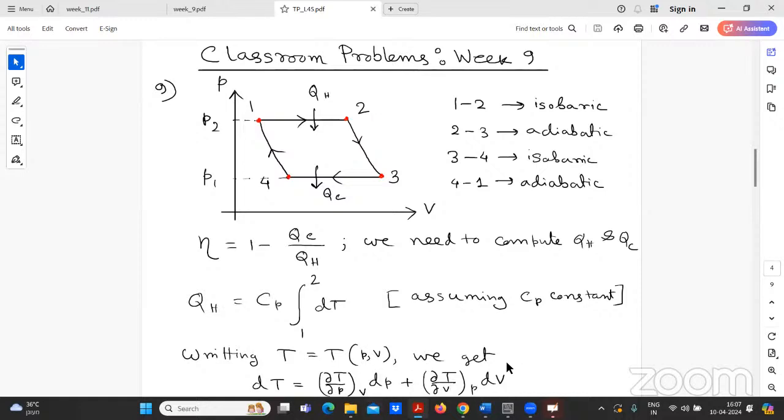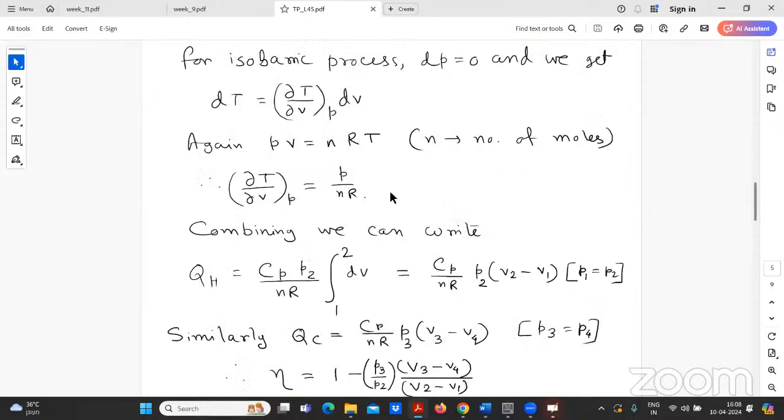So only the dV term survives, and it is an ideal gas. For an ideal gas, we know that the equation of state is PV equal to nRT, so we can use that to compute del T by del V at constant pressure. We did exactly that, substituted it here, and we got QH equal to simply this expression in V2 minus V1.